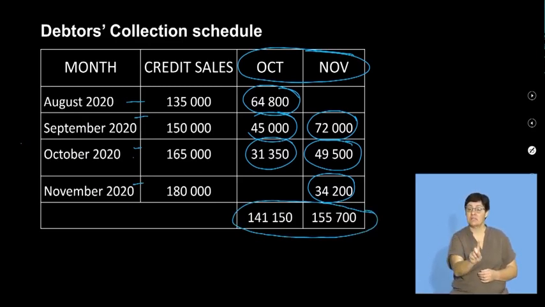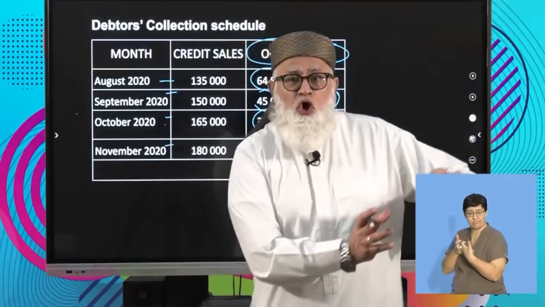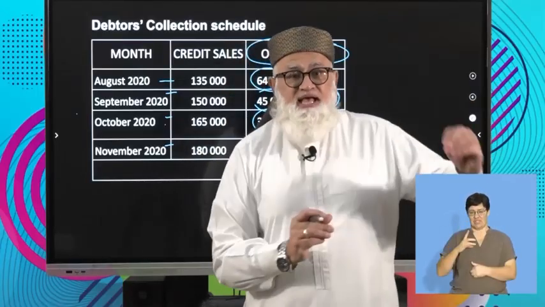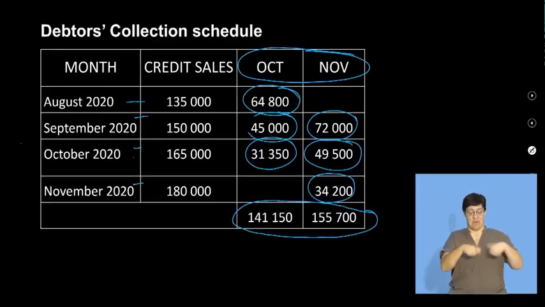Remember, I said that the debtors collection schedule will fit into your cash budget as receipts from debtors. So what will you say? You'll say receipts from debtors for October, 141,150. What are we doing? We're adding all the components.